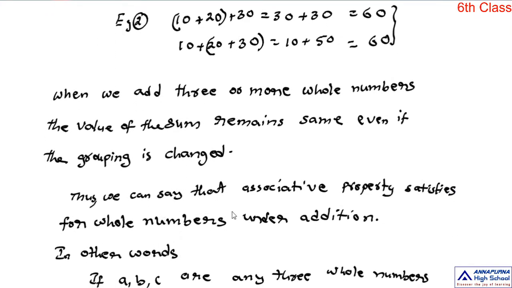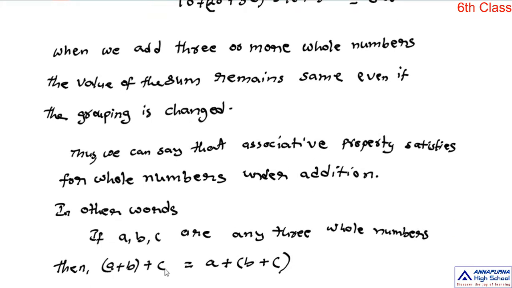In other words, if A, B, C are any 3 whole numbers, then (A plus B) plus C is equal to A plus (B plus C). Here the values of the expressions remain same even if grouping is changed. This is the associative property under addition.